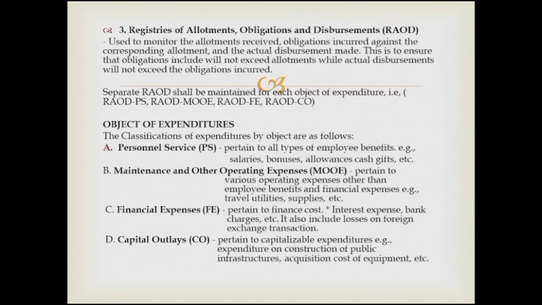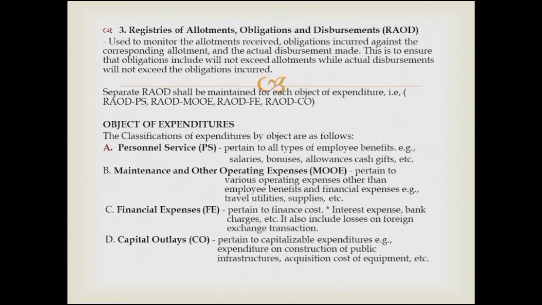The following are the classifications of expenditures by object. The first one is the personnel services or the PS, which pertains to all types of employee benefits like salaries, bonuses, allowances, cash gifts, and so on.